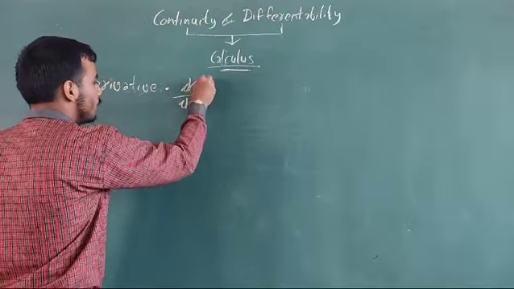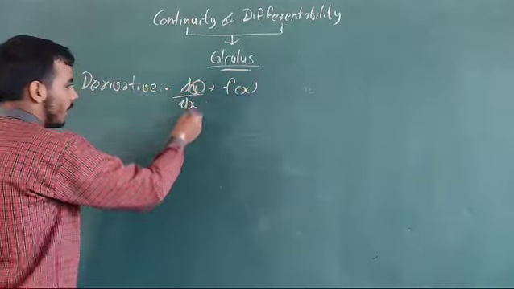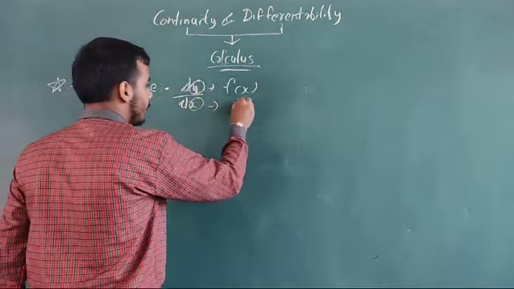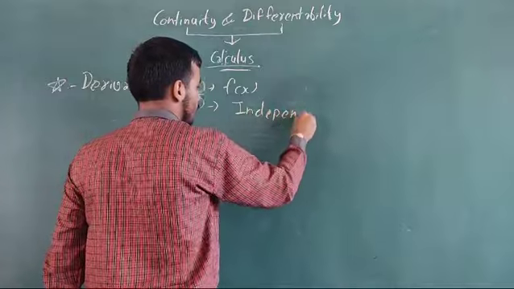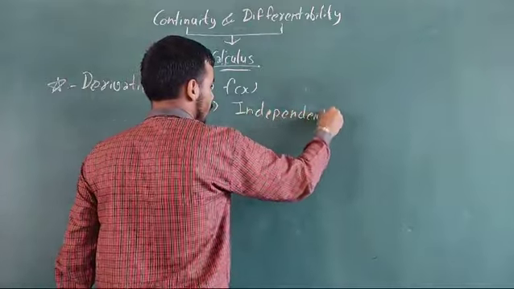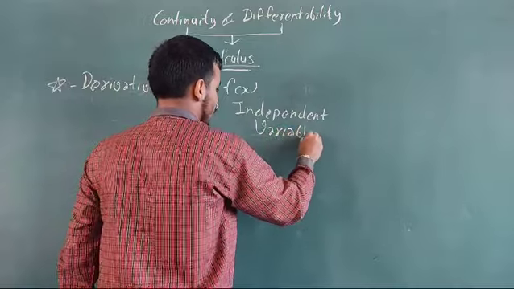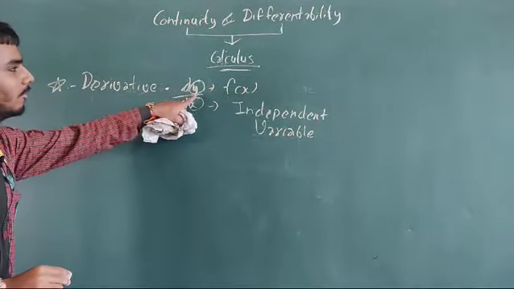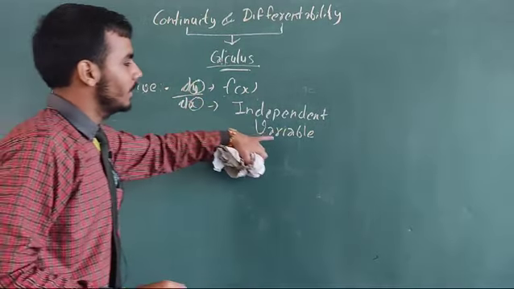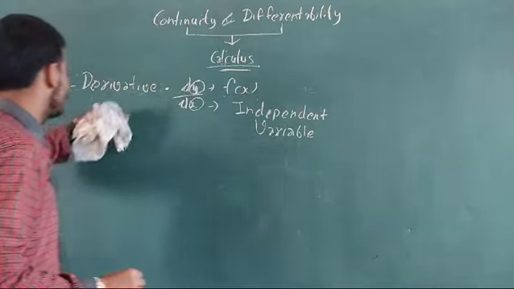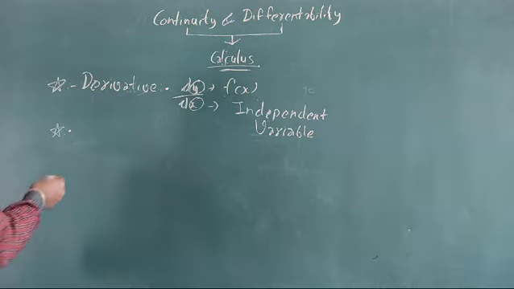It means derivative of y, where y is any function, with respect to x, and x is an independent variable. So the derivative of any function with respect to any independent variable is known as derivative. Let's talk about some formulas for derivative.